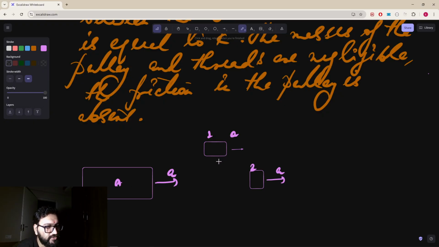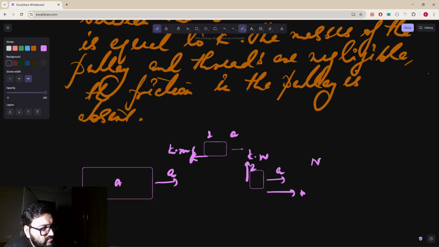There is going to be some frictional force which is going to act in this direction on body 1. Its magnitude is going to be k times mg, the maximum static frictional force, and on body 2 the frictional force is going to be equal to k times the normal value. Now what is this normal value? It is actually the normal force which is driving this body 2 in the horizontal direction with an acceleration of a, right?